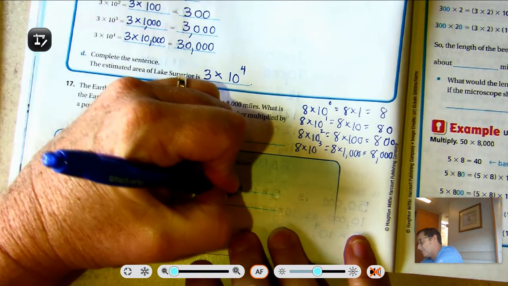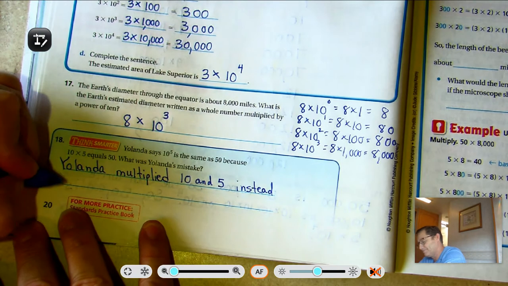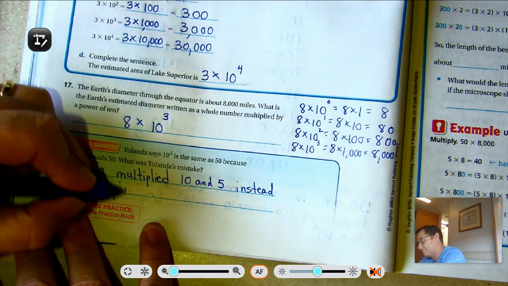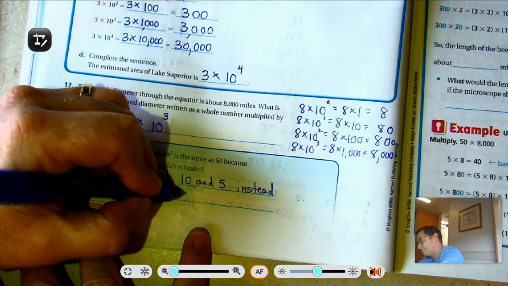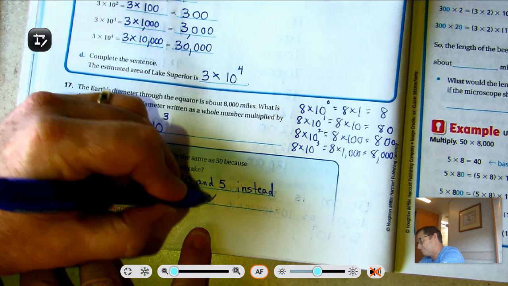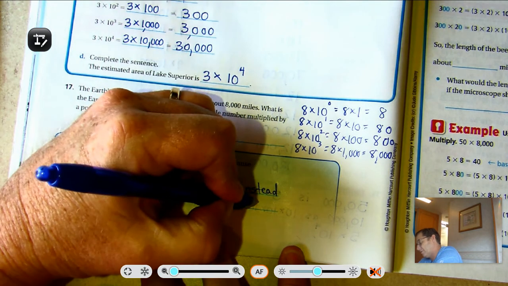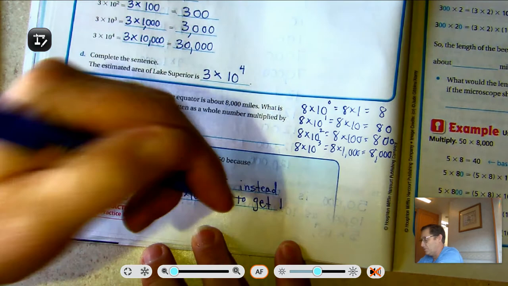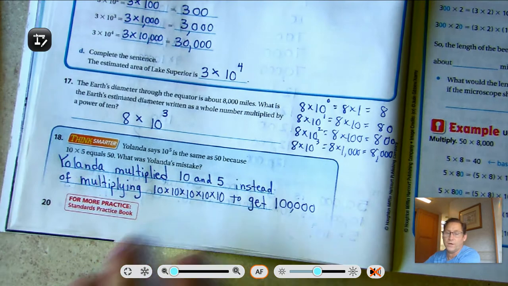But she should have been multiplying 5 groups of 10, which would have given her 1 followed by 5 zeros, or 100,000.